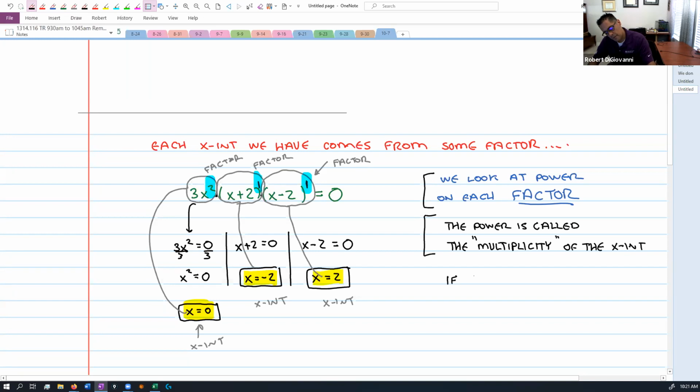Now, if the multiplicity is odd, we cross the x-axis.